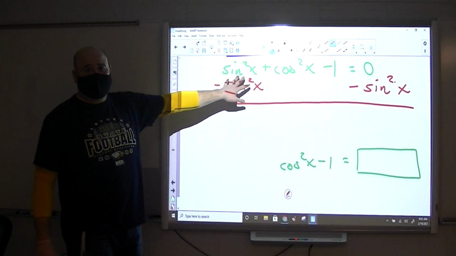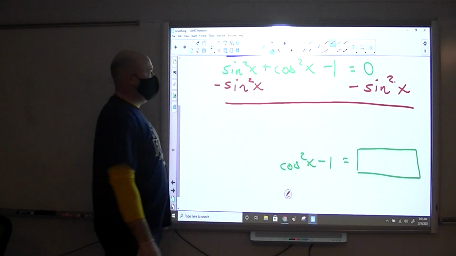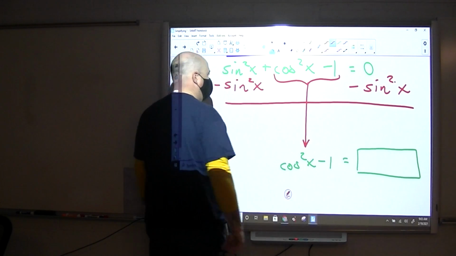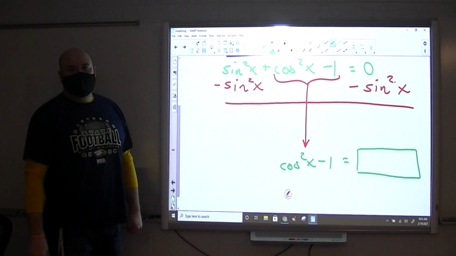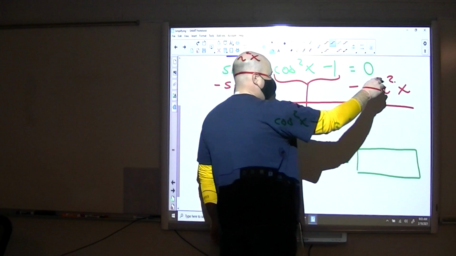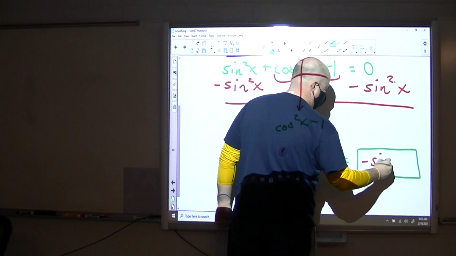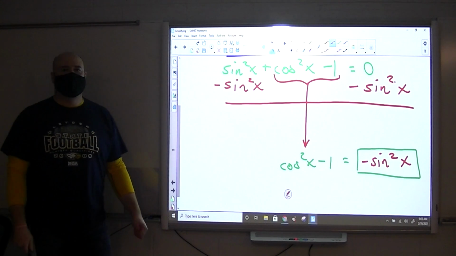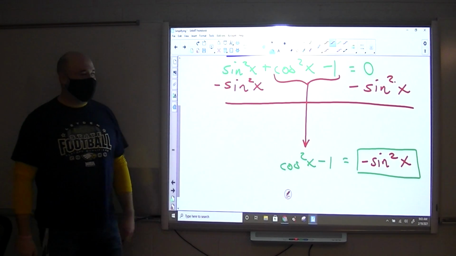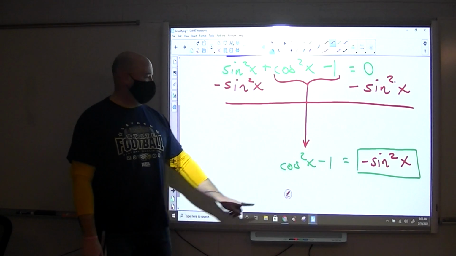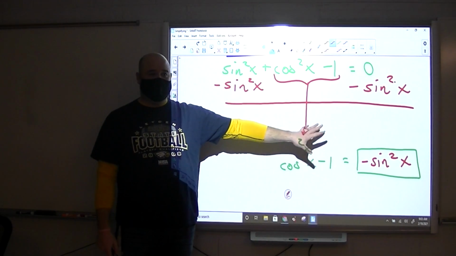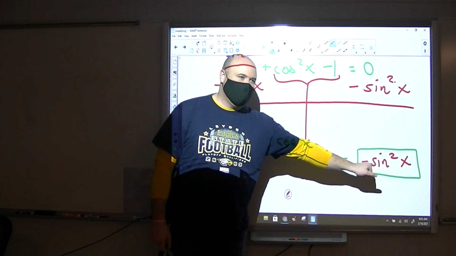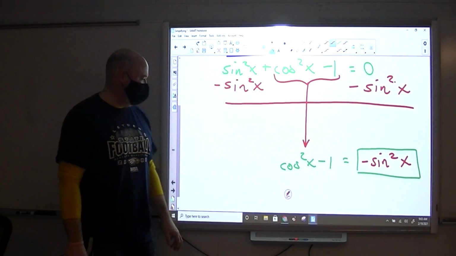And when I subtract that, then I am just left with this. And 0 minus sine squared x is negative sine squared x. So now I have my equivalent statement. This was the manipulation, now comes the substitution. That goes in place of this.